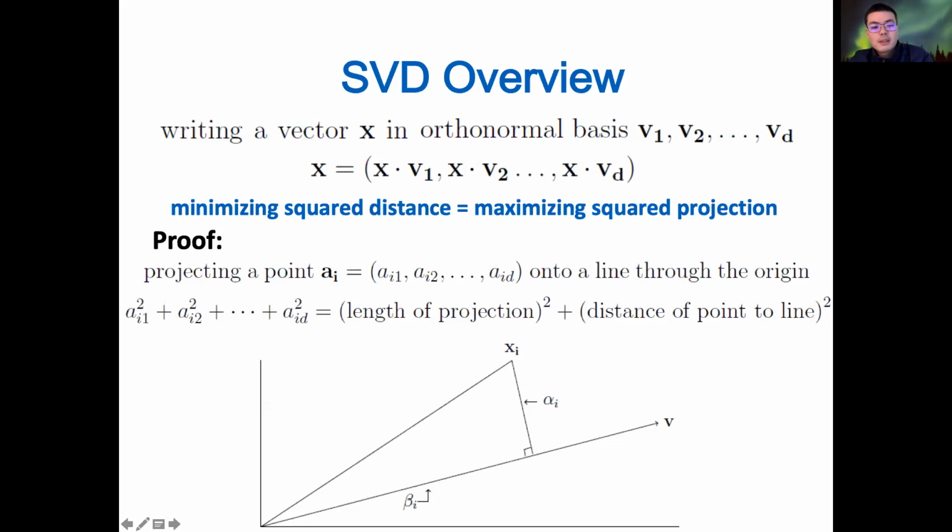If we want the orthogonal component of this xi vector outside the v axis to be minimized, we want to capture most of the information within the v component. That means beta square should be maximized. Put simply, we want to maximize beta square, equivalent to minimizing alpha square, because alpha square plus beta square is a constant. So this is the first thing we want you to memorize.